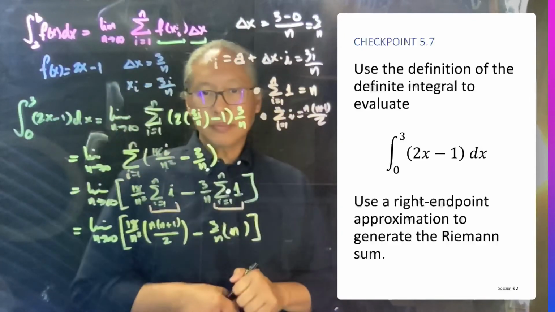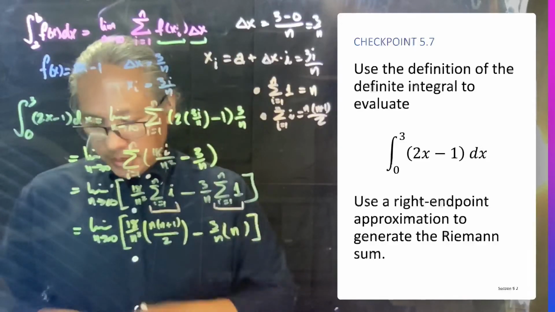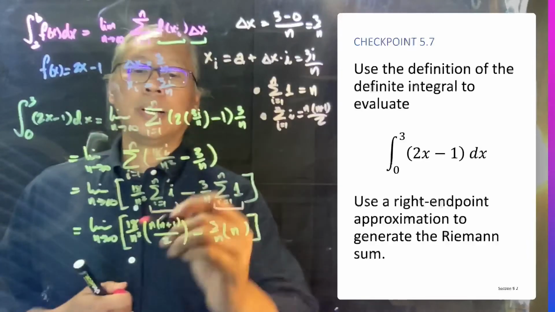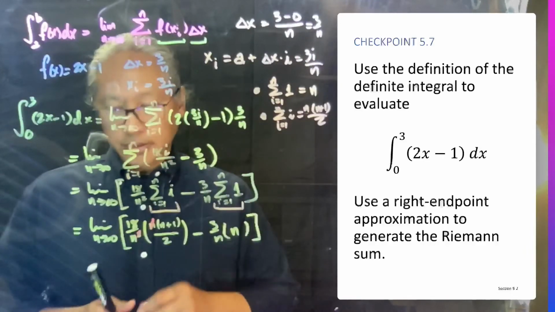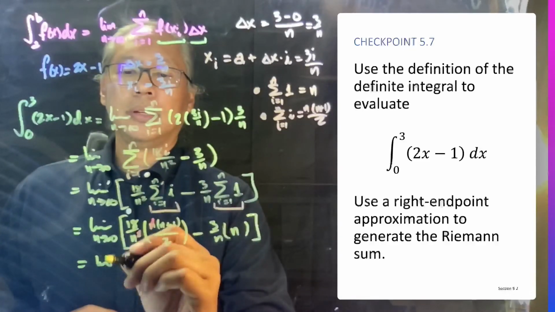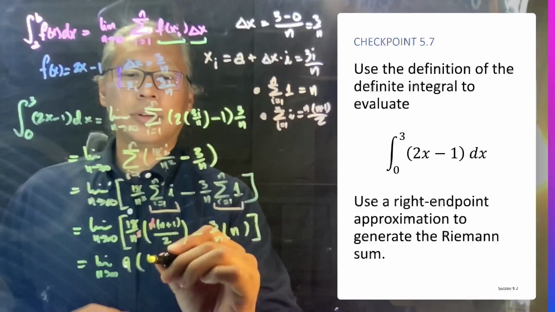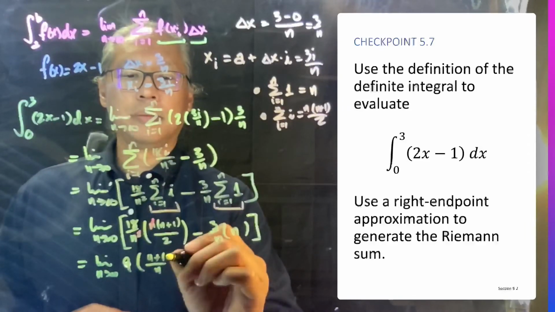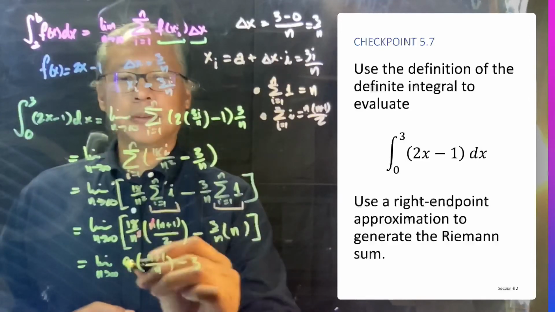All right. Now we can simplify things a little bit. There's an n squared in the denominator, cancel with this n, and we have an 18 over 2, which is going to be 9. Limit as n approaches infinity of 9, and then we have an n plus 1 over n. That's what's left over, and here we have a minus 3.